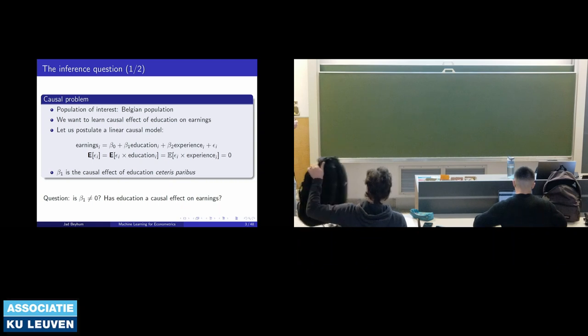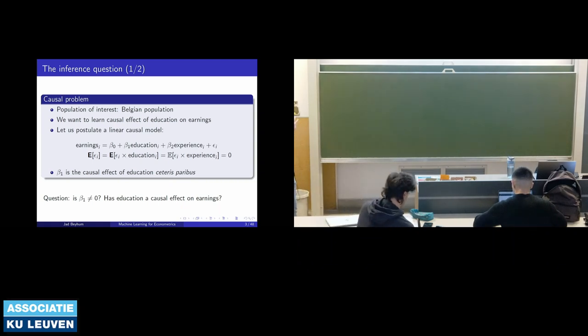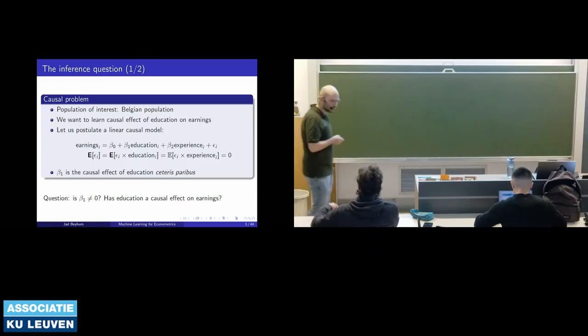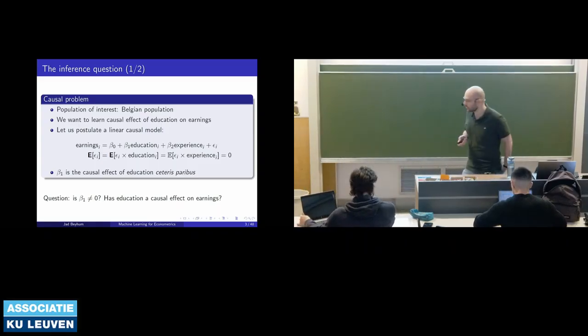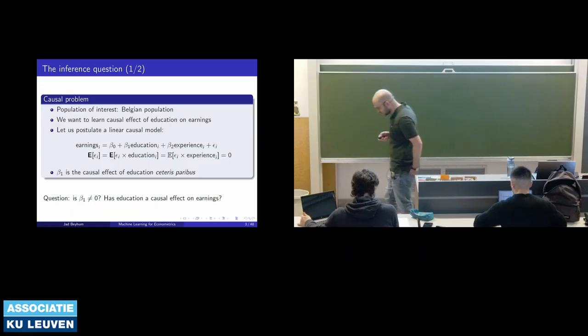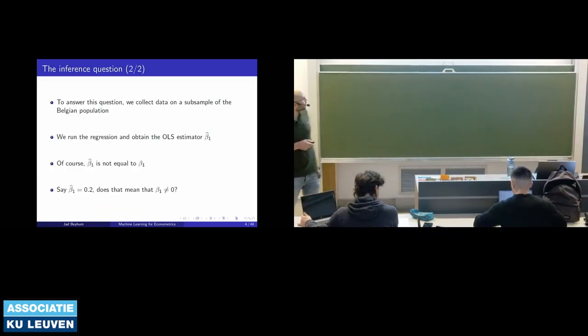So here, beta 1 is a causal effect of education, ceteris paribus, on earnings. And the question you can ask yourself is, is beta 1 different from 0? Is there actually a causal effect of education on earnings? To answer this question, ideally, you would like to have the data on all Belgians and run this regression, but you don't have that in practice.